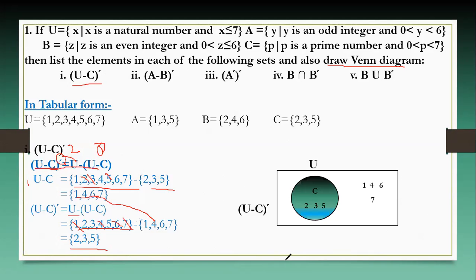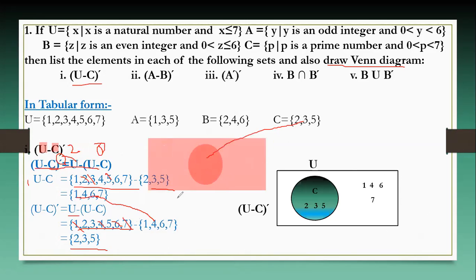Now how can we draw the Venn diagram? Look at the question carefully. Just forget the answer. There is U, there is C. For U, you have to draw the rectangle, and for C, you have to draw one circle. Now first, my dear, fill the circle.